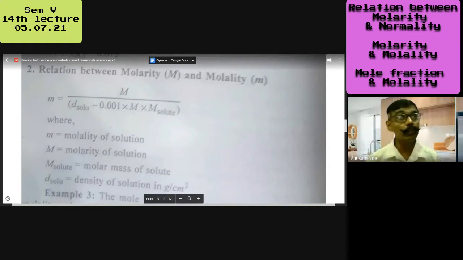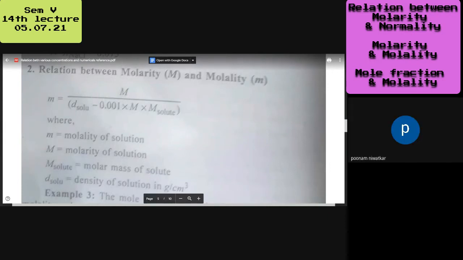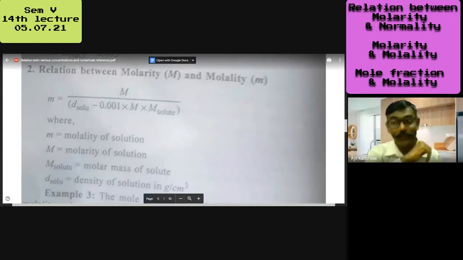Now I want an answer from you: what is the formula of density? Mass upon volume. Right. Keep in mind, mass upon volume means density. And afterwards they have given minus 0.001. How that 0.001 comes, I will explain to you. Just wait.